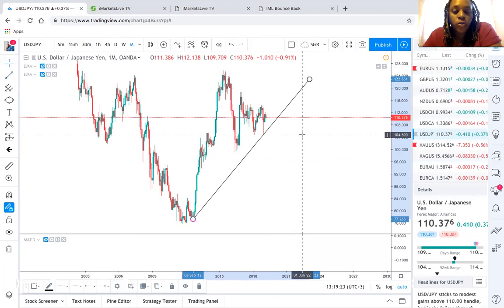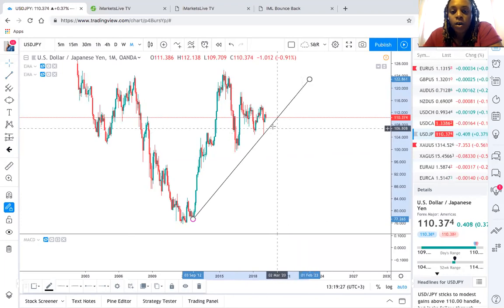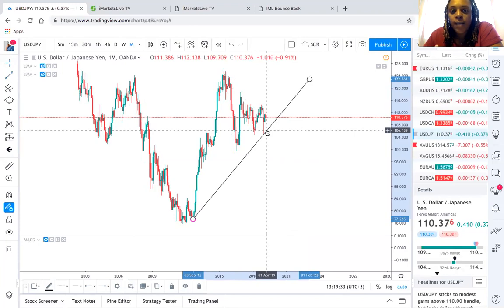But the reason why I don't do that now is because these wicks on the monthly are candles on the daily and the 4-hour, etc. As we expand the time frames, these are actual candles. So I don't want to be going through the body of the candles, and I want to have a really good idea of where price is likely to retest.